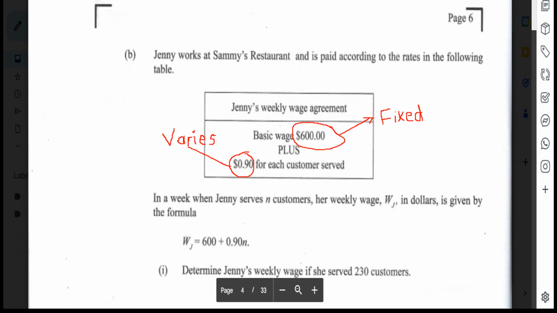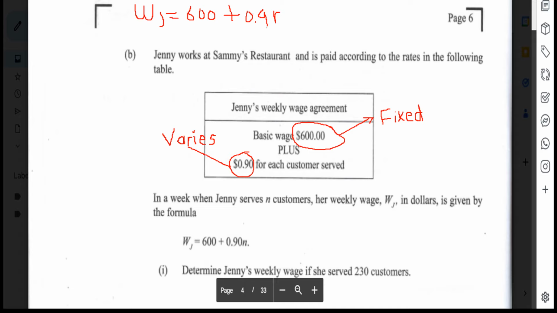So we now pull up the formula WJ is equal to 600 plus 0.9N.